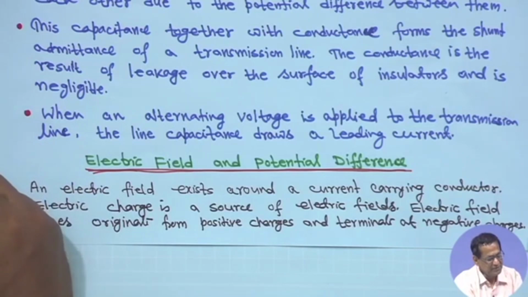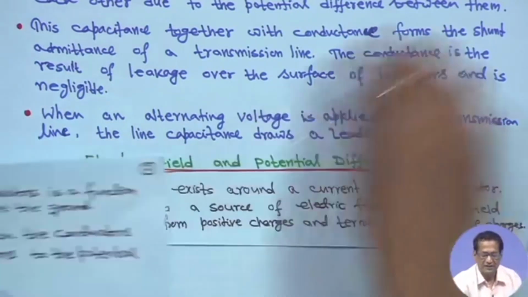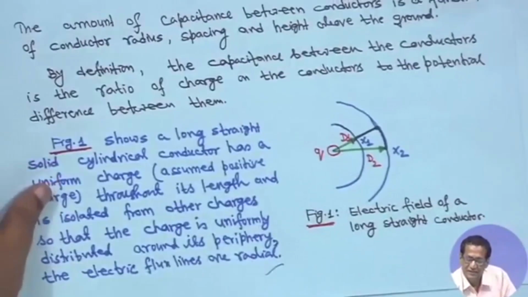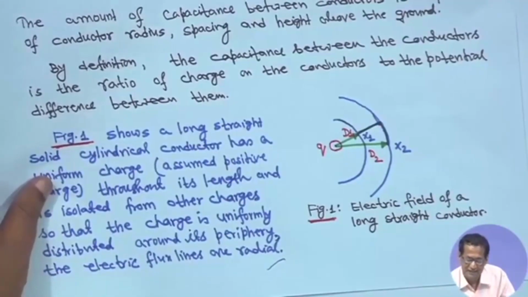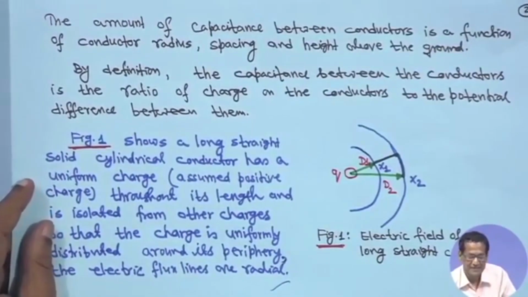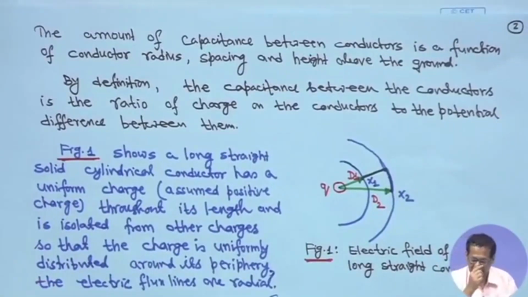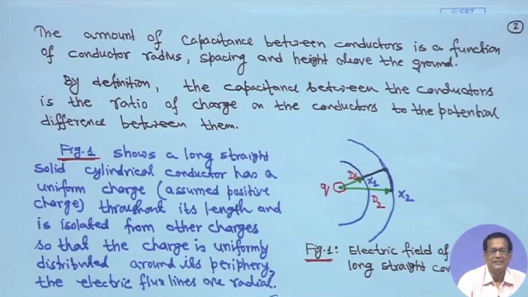This also you have studied in higher secondary physics. The amount of capacitance between conductors is a function of conductor radius, spacing and height above the ground. Later we will see the effect of the height on the capacitance.